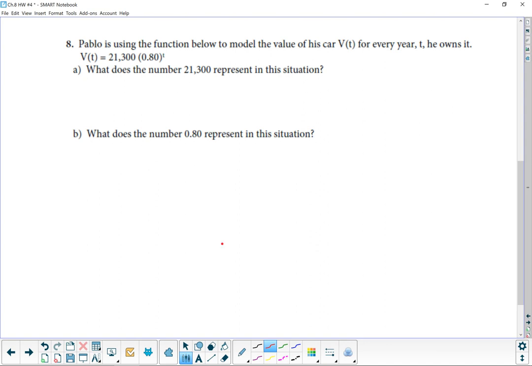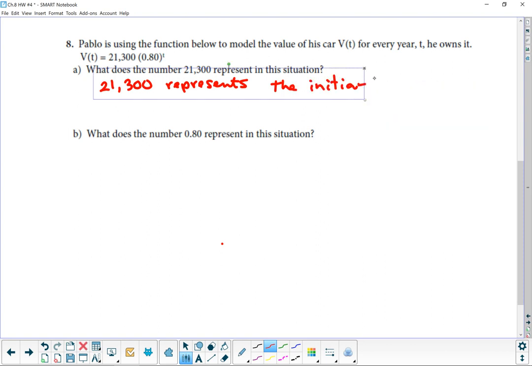What does the number 21,300 represent? 21,300 represents the initial value of Pablo's car.